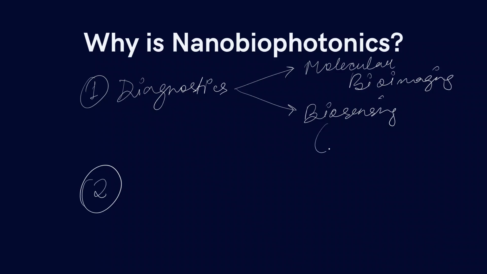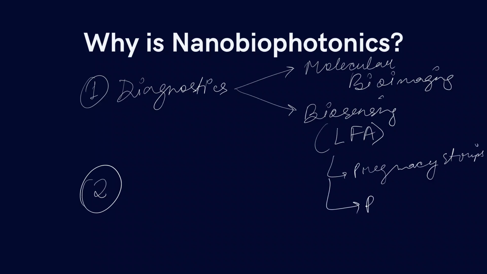So we do have something called LFA, lateral flow assays. Maybe pregnancy strips, which you have seen, and also the rapid antigen tests for COVID will have this kind of LFAs.